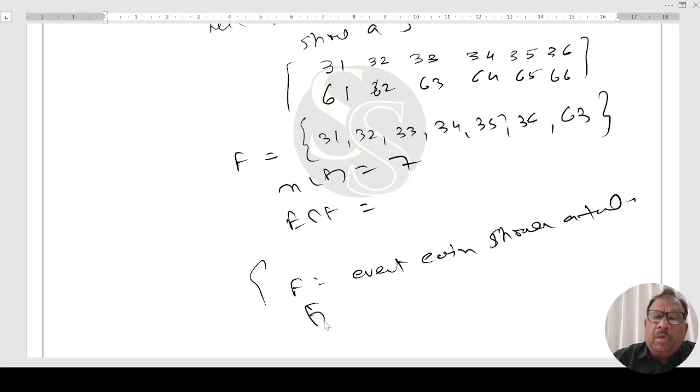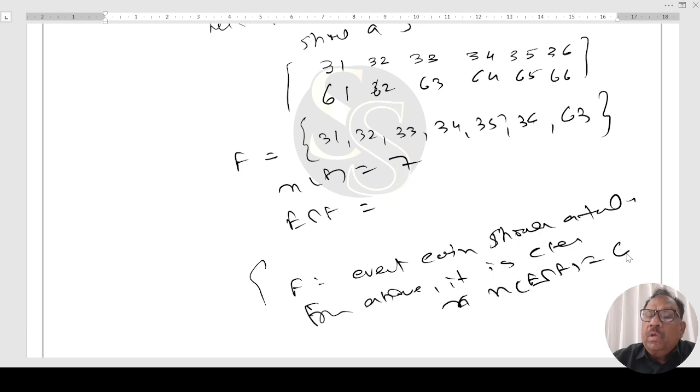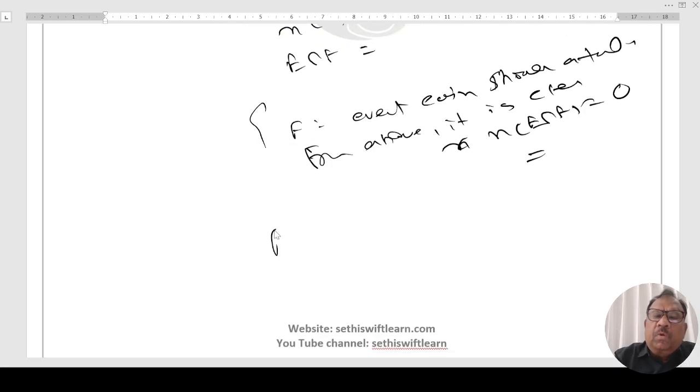From above, it is clear that E intersection F will be 0, because in event F the second die is thrown and a number is noted. So that will be 0. Therefore P(E|F) will be 0. That is the answer.